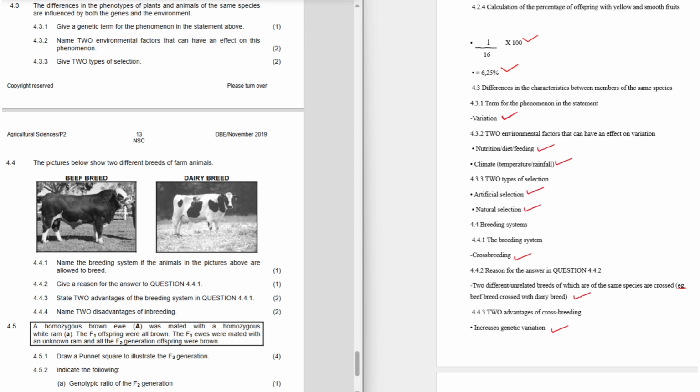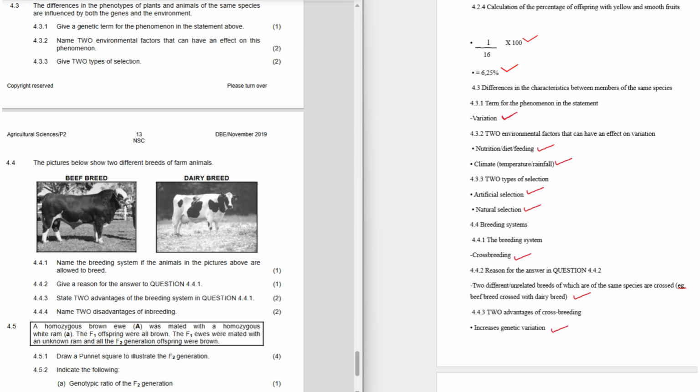4.3.2. Name two environmental factors that can have an effect on this phenomenon. So variation, what can have an effect on variation? Temperature. For example, the people that live close to the equator have a dark black color.